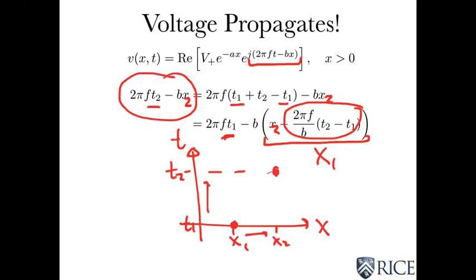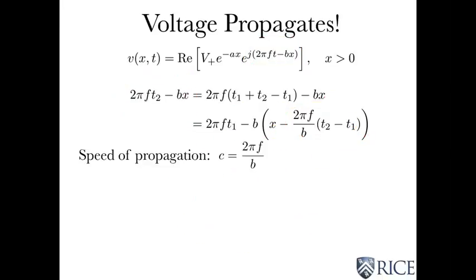That means the signal propagates. It's moving from the x1, t1 location to the x2, t2 location. So anytime you see a signal that depends on time and space like this, it means it's a propagating signal.